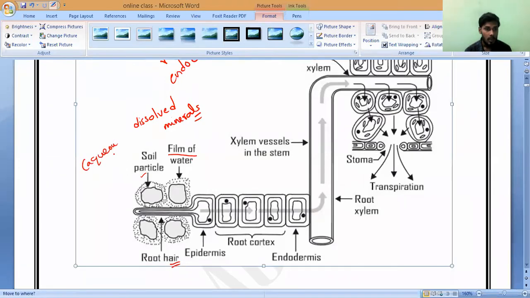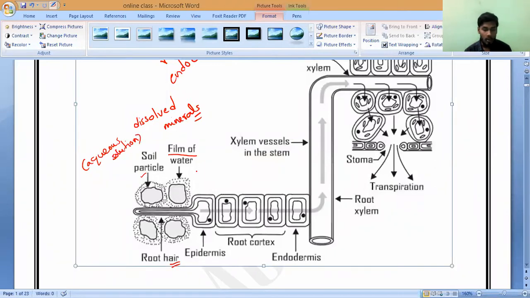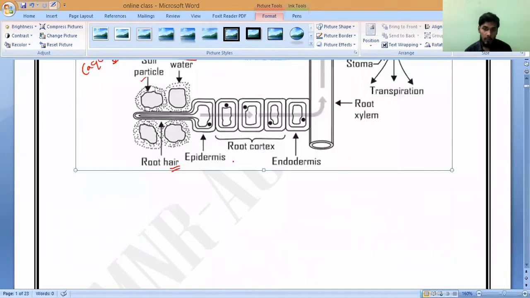And they will be in which solution? Aqueous solution. Now, according to the chemical process, suppose I keep some sugar particles in water. Slowly they start dissolving in it.